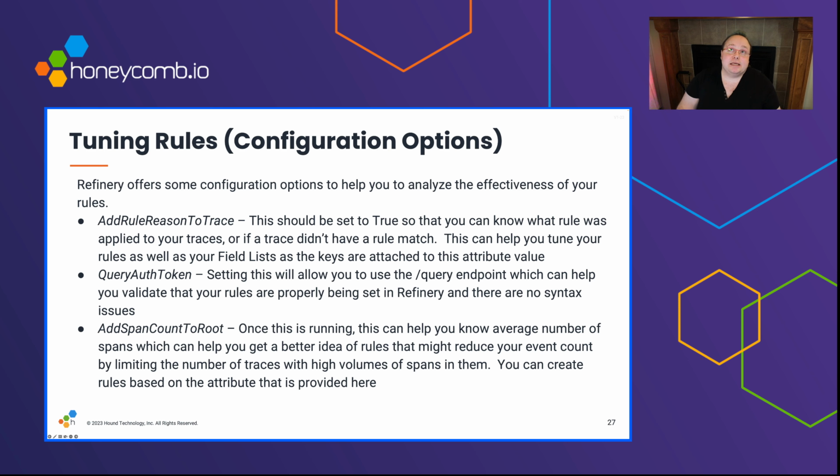For the dynamic samplers, it also attaches the key to that rule name, so that you can see the different keys that are being created, and you can analyze those and see how big your key space is.